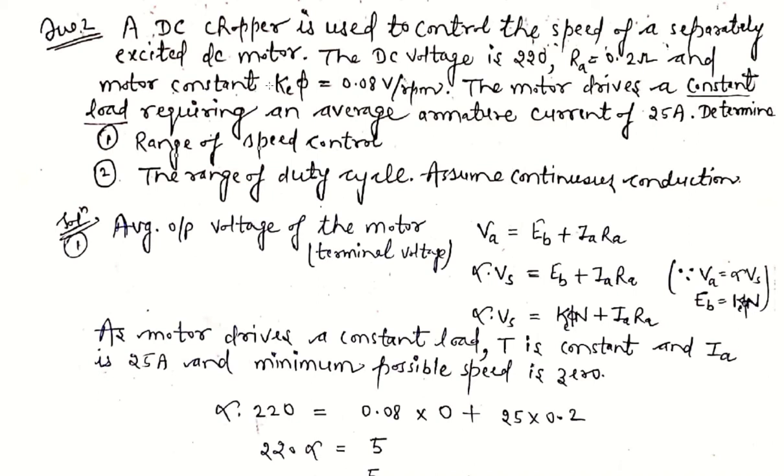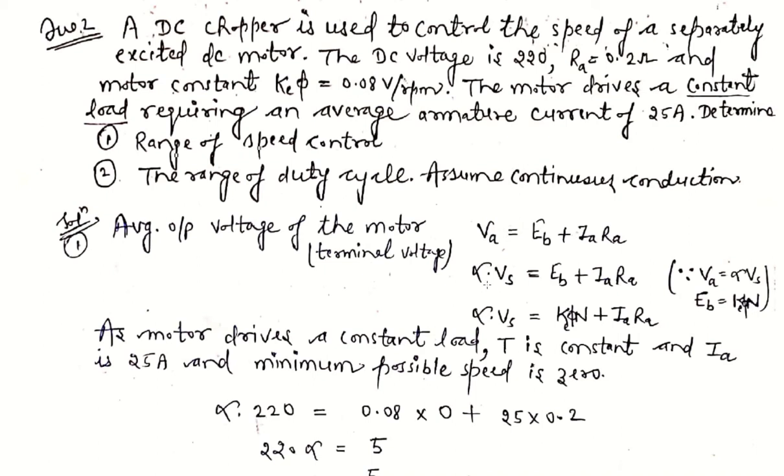And here we use our DC chopper for controlling this separately excited DC motor speed, in the constant load region. The average armature current is given as 25 amperes, and the DC chopper is a step-down chopper, which reduces the voltage level so that our speed can be controlled easily.